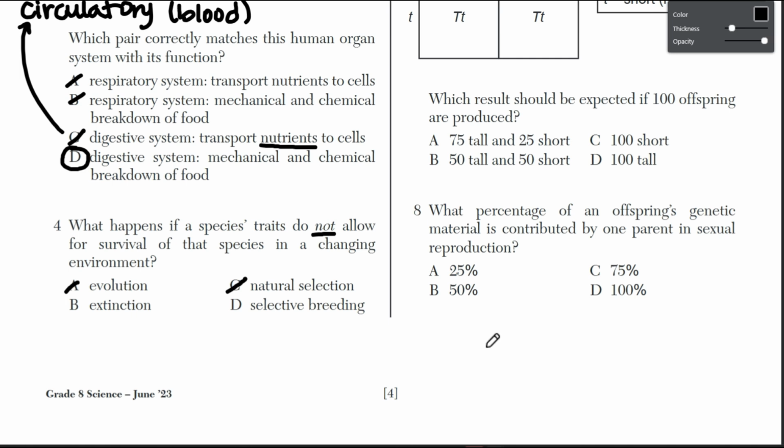Well, while selective breeding is kind of about traits, we're not really going to be seeing selective breeding happening here for the survival of that species. So for number 4, our correct answer is going to be B, extinction. These traits do not allow for survival in that changing environment. They are most likely going to go extinct because they cannot adapt.